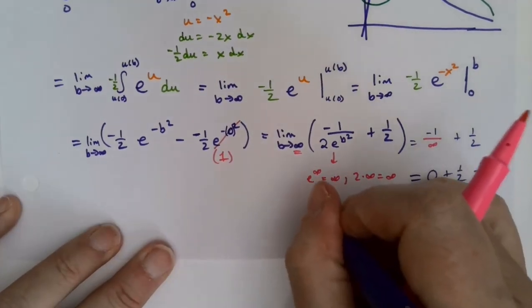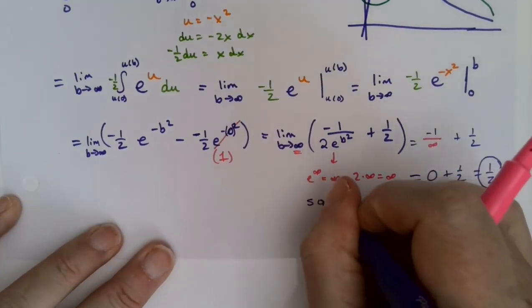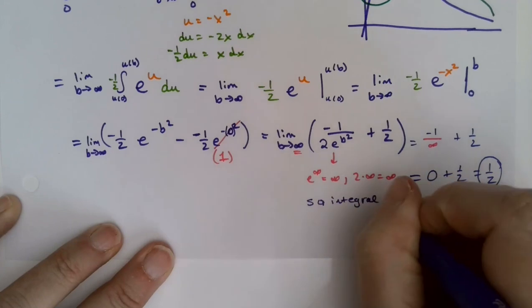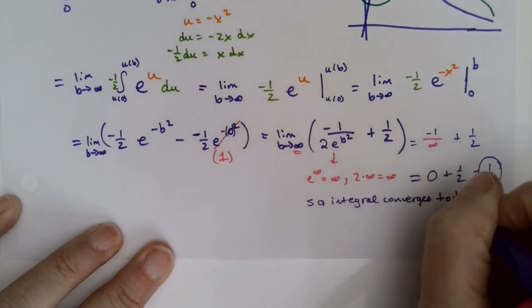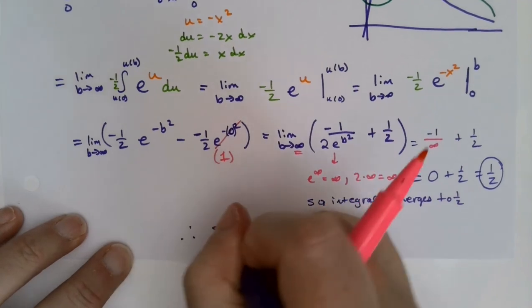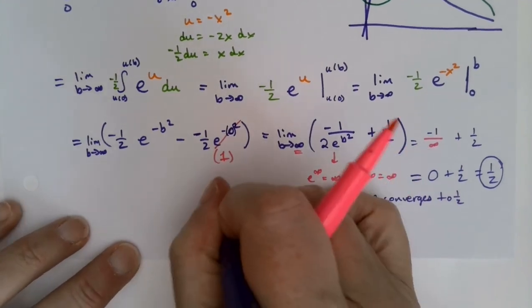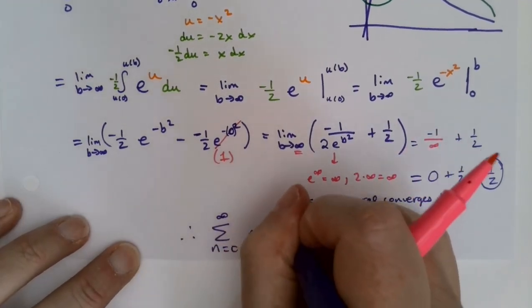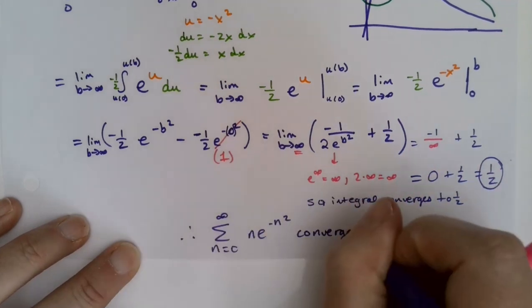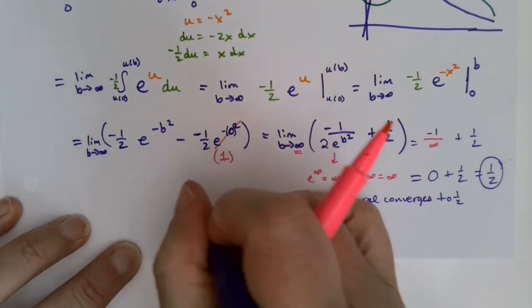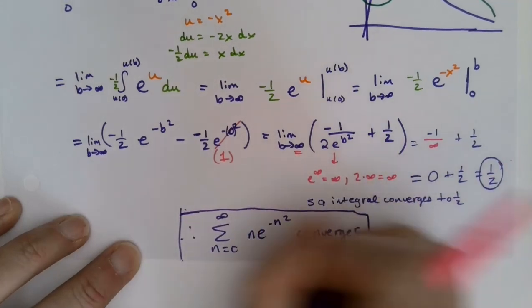So the integral converges to 1/2. Therefore, the series from 0 to infinity of n e to the negative n squared converges. It does not go to 1/2, right? The integral goes to 1/2, the series does not.